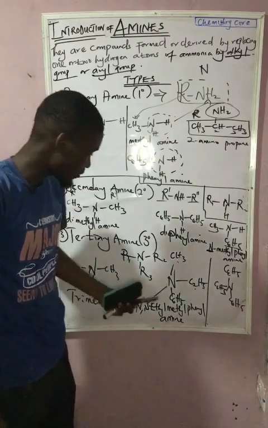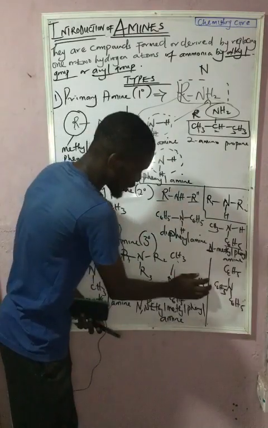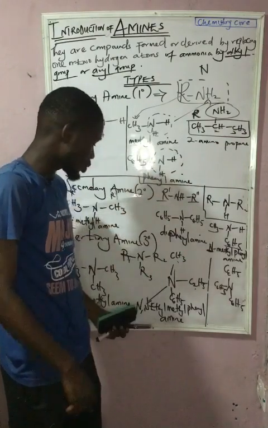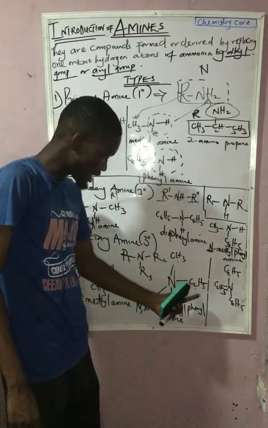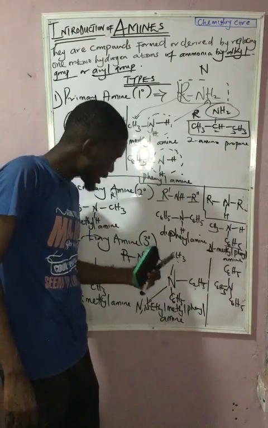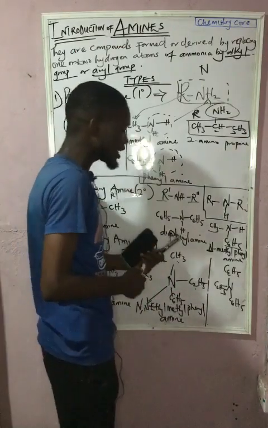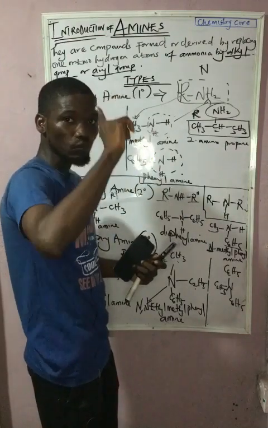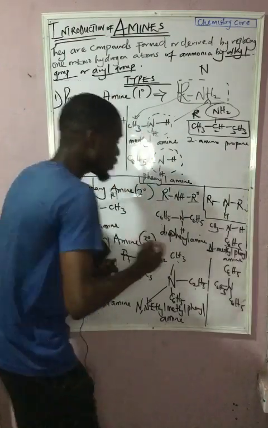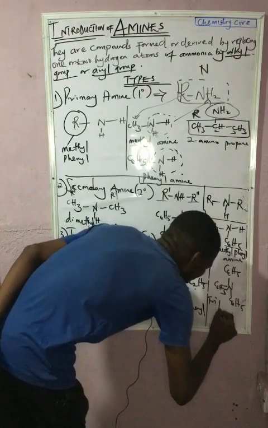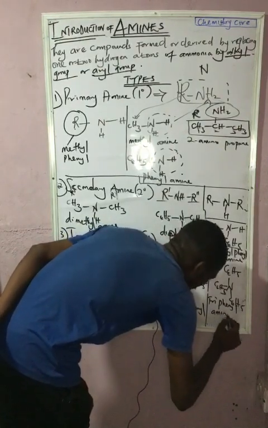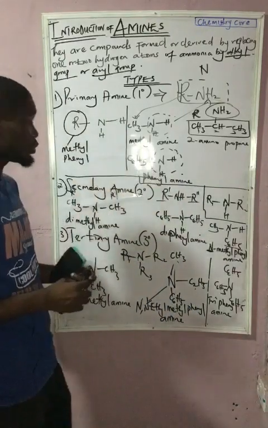If it is two alkyl, that will give us one N. We are having two alkyl, that will give us N-methylphenylamine. And the last one is you're having three phenyl surrounded with N, so that will give us triphenylamine. As simple as that.